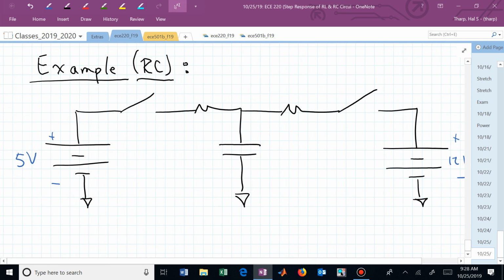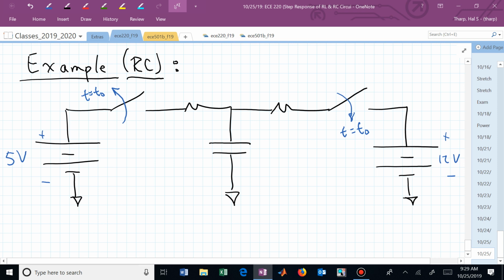And just to give it a little more character, let's say that these switches will occur at time t sub 0. And let's say our resistor on the left is 5, the capacitor is 1, and this resistor, let's say, is 2.